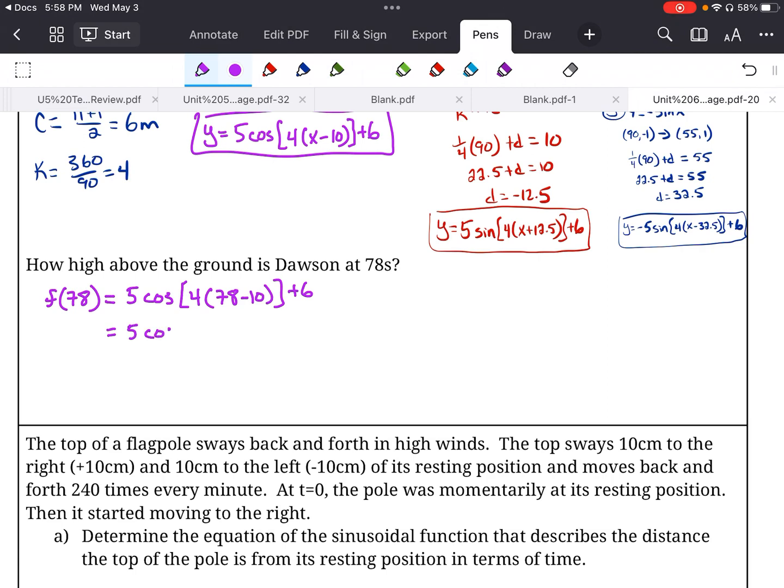So we get 5 cos of 78 minus 10, which is 68, times 4 is 272. The cos of 272 multiplied by 5 and adding 6 gives us 6.2 meters. I'm not showing all the steps there. You can do it if you want. It's just bad math by using cos.